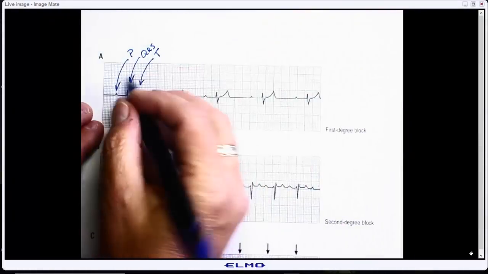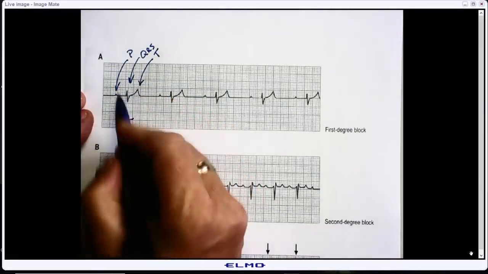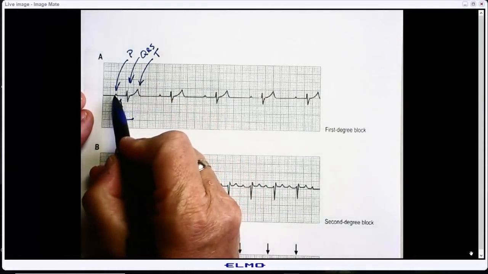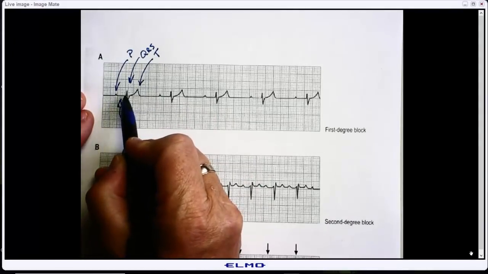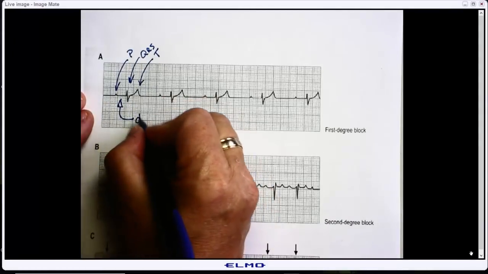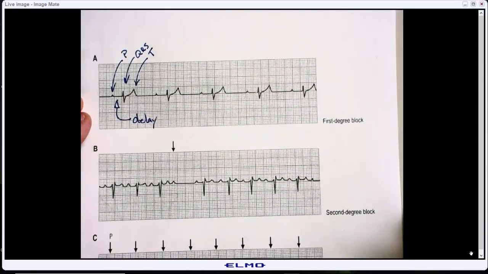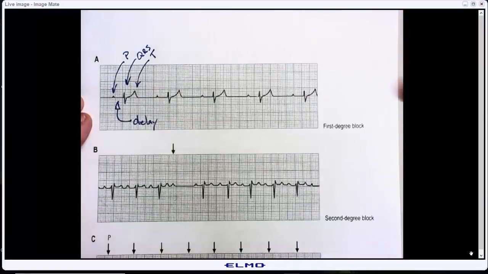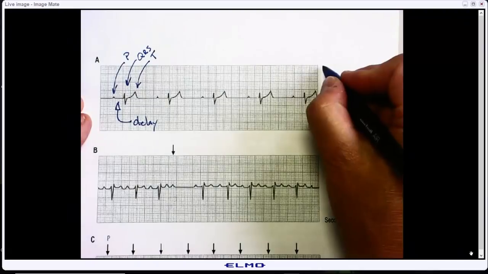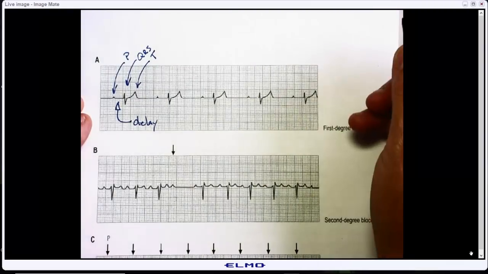The really important piece is that right here, between the P and the QRS, between depolarization of the atria and depolarization of the ventricle, there was a delay. That's the important piece of information here. Okay? So in this scenario, you would say, all right, the direction and amplitude are not meaningful.